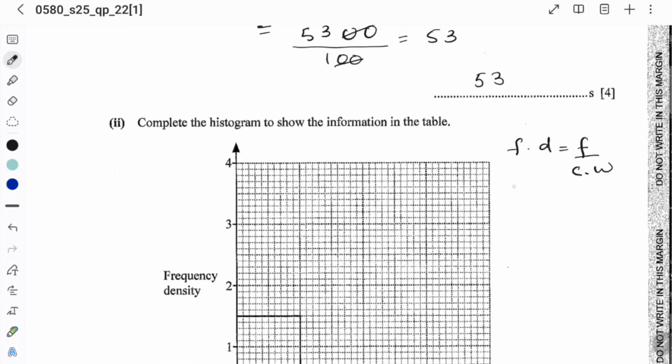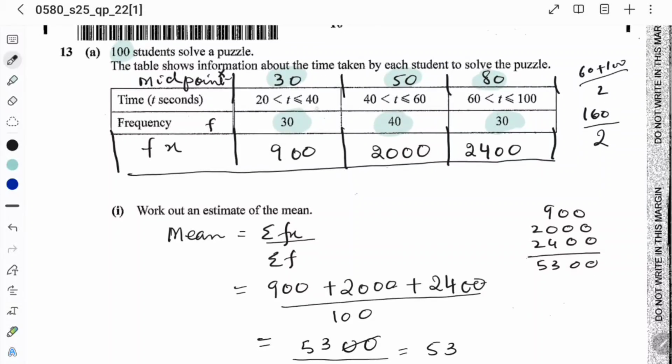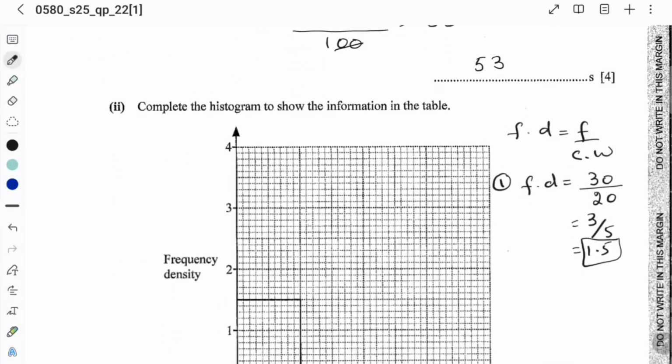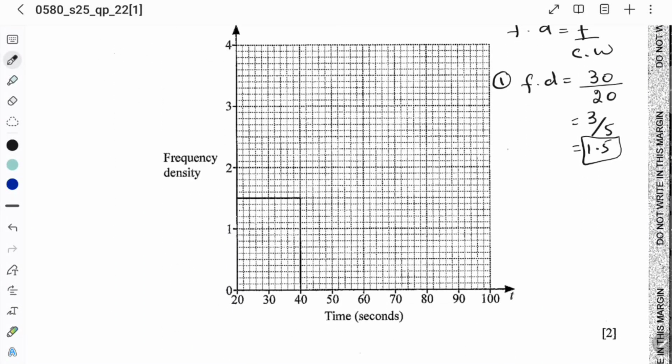So the frequency density is 30 over 20, which is 3 over 2, which is 1.5. This is the frequency density for 20 to 40. So 20 to 40 is reaching 1.5, which is already there.